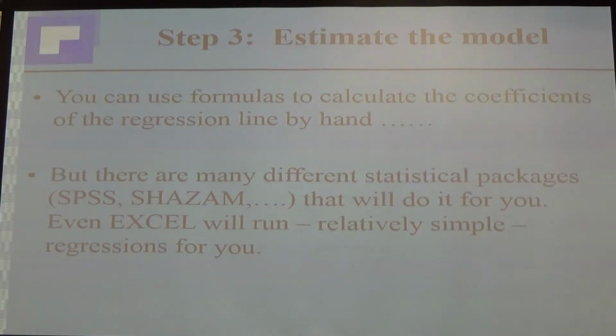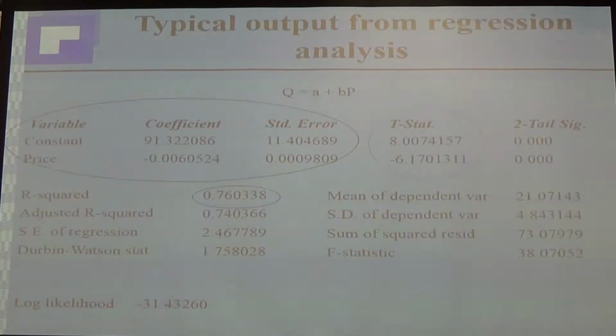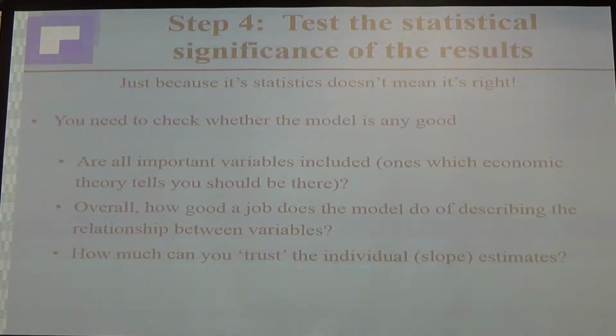You can use some statistical packages such as SPSS, Shazam, or you can use Excel. We are going to use Excel because Excel is handy. Most people have Excel installed on the computer to run these regressions. And here is an example of typical results. I'm going to show you a bit more later.